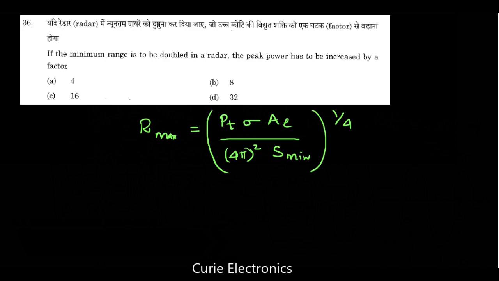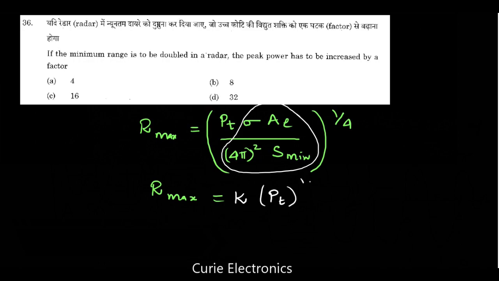So, the question is asking the relation between the range and the peak power. R max, this we can write it as, everything is constant. So what we can do? We can just replace by a constant. Then Pt to the power 1 upon 4.